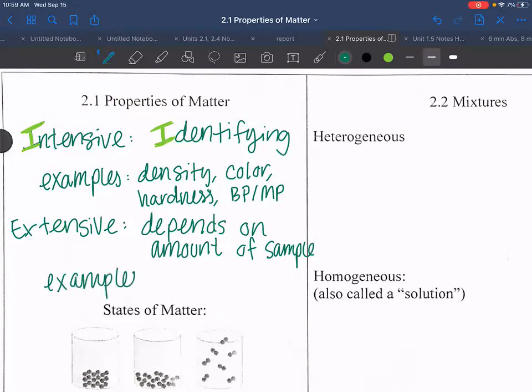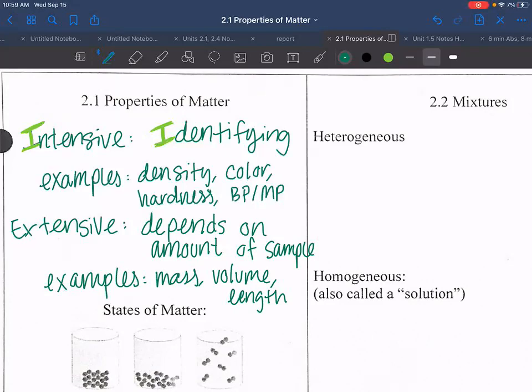Mass. What else? Volume. Any other ideas? Awesome. Okay. So again, I'm not going to sit here and write out a million things, but it sounds like you guys are getting the idea. So any questions on figuring out what the difference is between intensive and extensive?